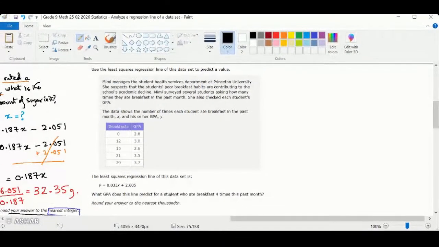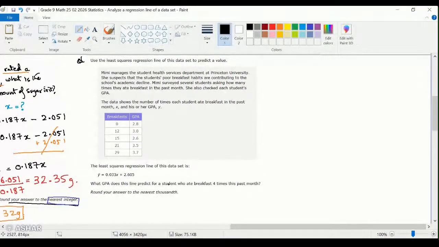Let me realign. Question number 6 says, we need to find the least square regression line for the data set to predict a value, in which it says Mimi manages the student health services department at Princeton School. She says students' poor breakfast habits are contributing to the school's academic decline. She also checks each student's GPA.